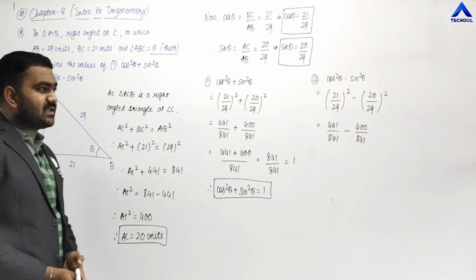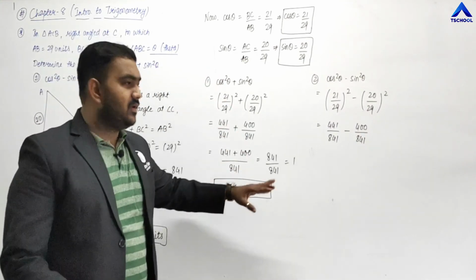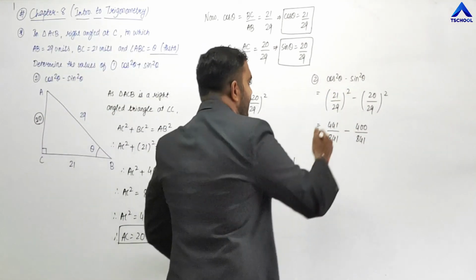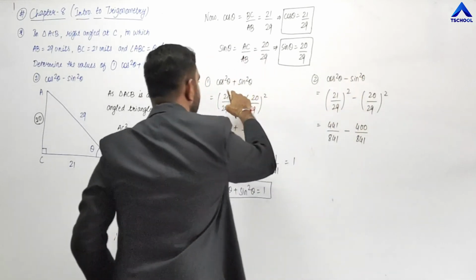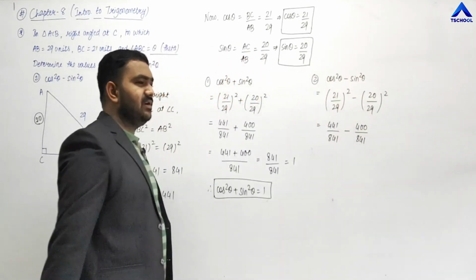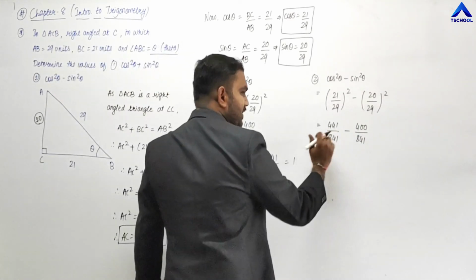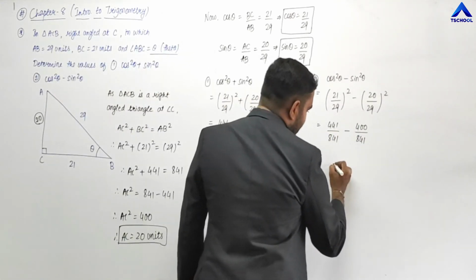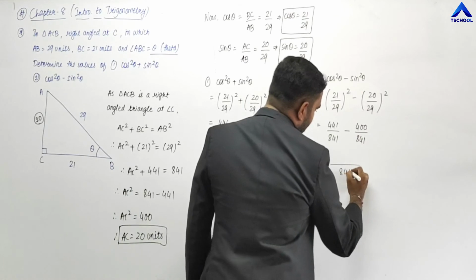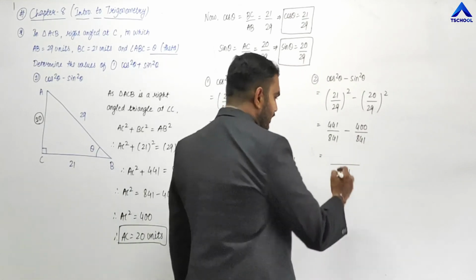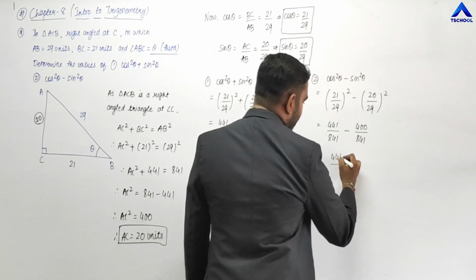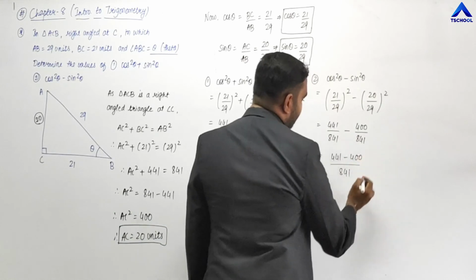See friends, the concept now goes same, only the thing is here we had plus in the first question and here we are having minus in the second question, right? So again, both are ratios with a subtraction. We can see that 841 becomes a common denominator and the numerator gets subtracted.